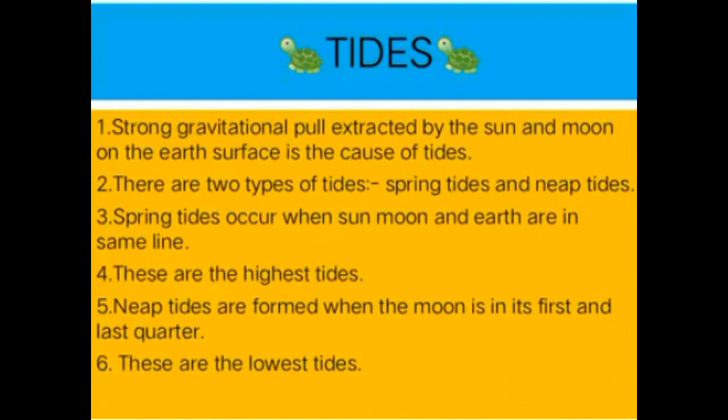Spring tides occur when Sun, Moon, and Earth are in same line. Neap tides are formed when the moon is in its first and last quarter.